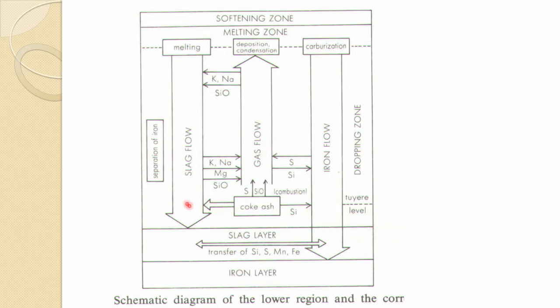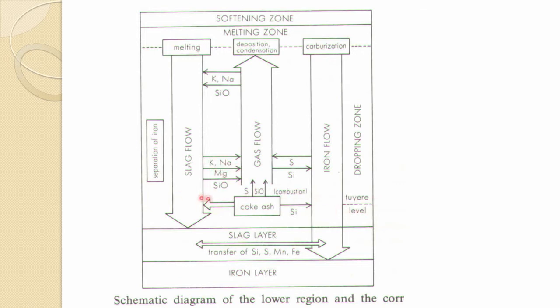From the slag, of course, some silica is already there, and some silica can join from the coke ash, but due to high temperature even SiO is formed, which goes with the gas flow and may even go to iron, but it also comes back to slag. Similarly, magnesium at that temperature gets vaporized.